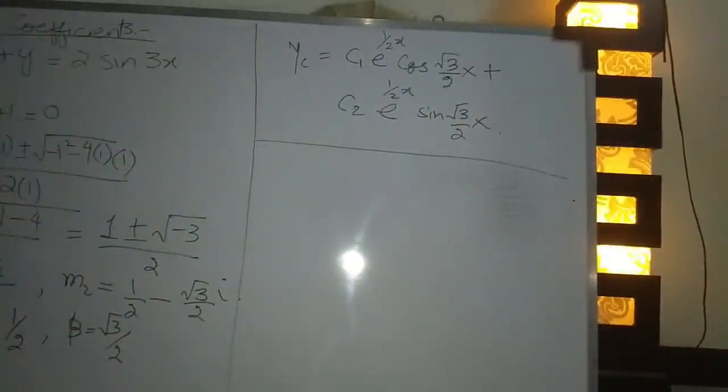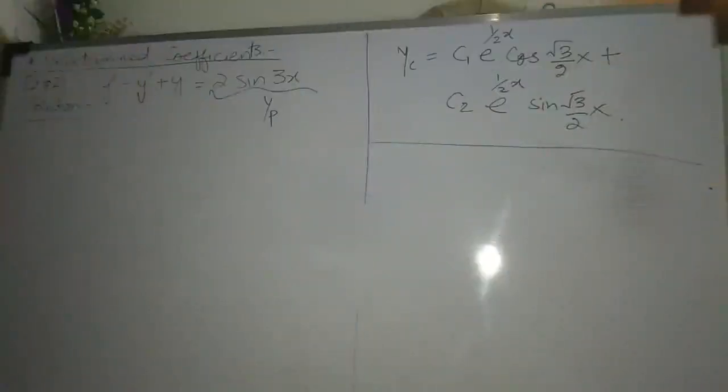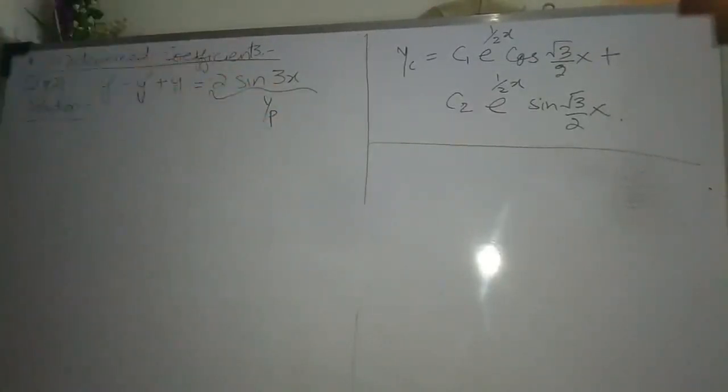Now we come to the particular solution. For the particular solution, we have to replace it according to the nature of the right hand side, g of x.